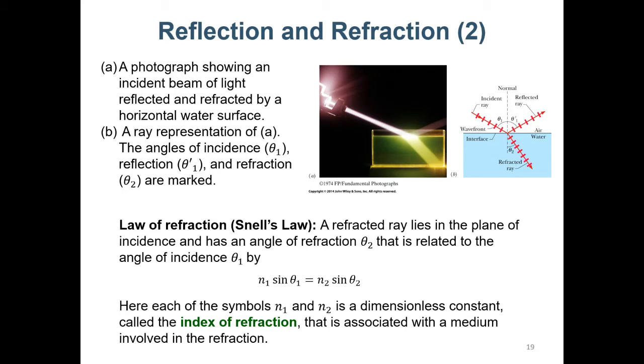So for the next case, it is about the refracted wave. So the law of refraction, which is called Snell's law: a refracted ray lies in the plane of incidence and has an angle of refraction theta 2 that is related to the angle of incidence theta 1 by this equation.